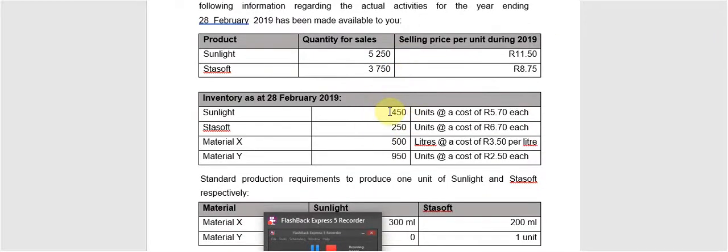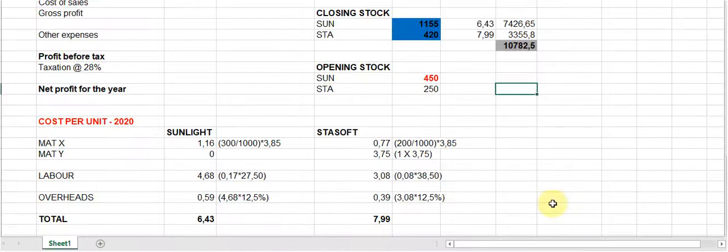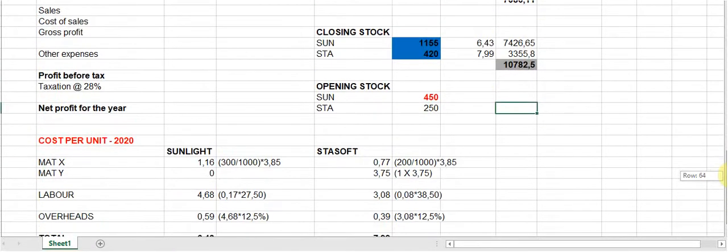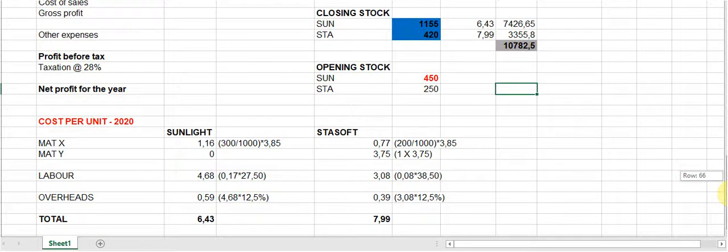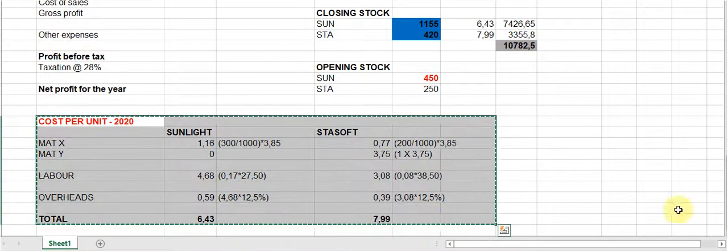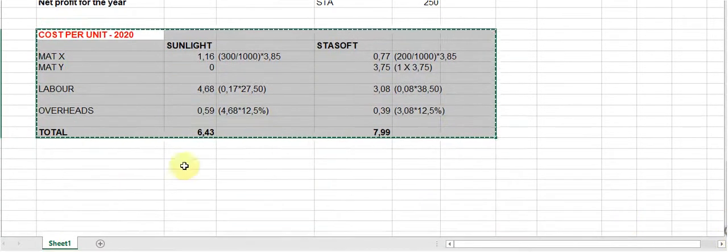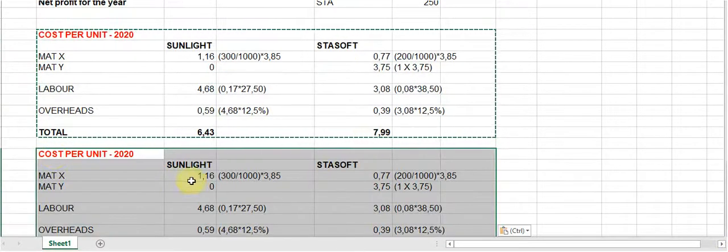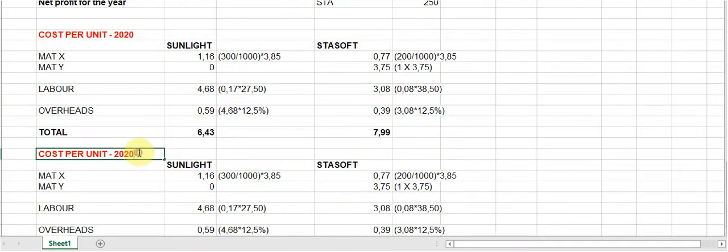There. Right, now we don't have a cost per unit for our opening stock. So we will have to go and calculate the cost per unit again for our opening stock as well. So I'm just going to copy this layout and then we're going to redo it. And this will be for 2019.